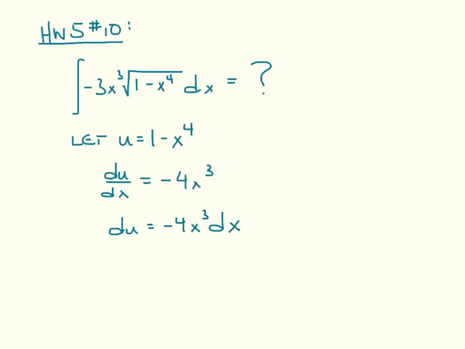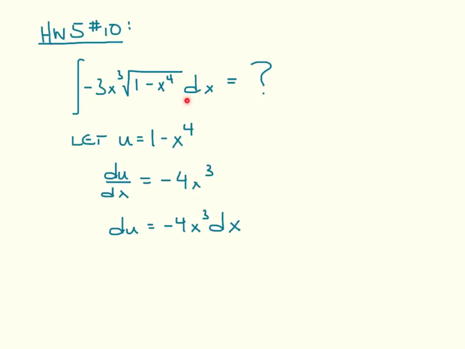So we have a match here in that the 1 minus x to the fourth in the square root is just going to become u. We have a match here between the x cubed dx and the x cubed dx in the integral. We're just a little bit off by a constant. So there are a couple of ways that you can think about this.